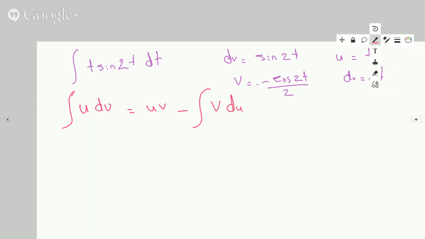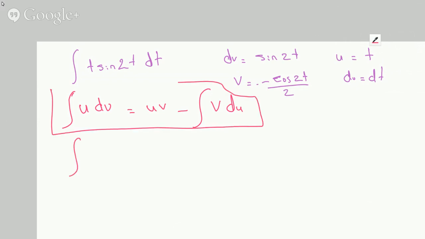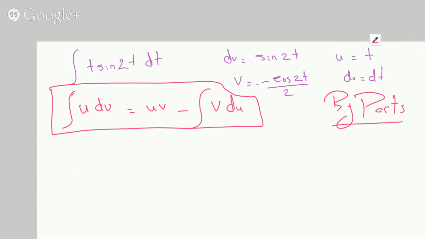And so now we can make the substitution back into the integral. So we are doing it here by parts. If we plug into the integral, we have uv to be minus t over 2, coming from the half, cosine 2t, minus the integral of v du.